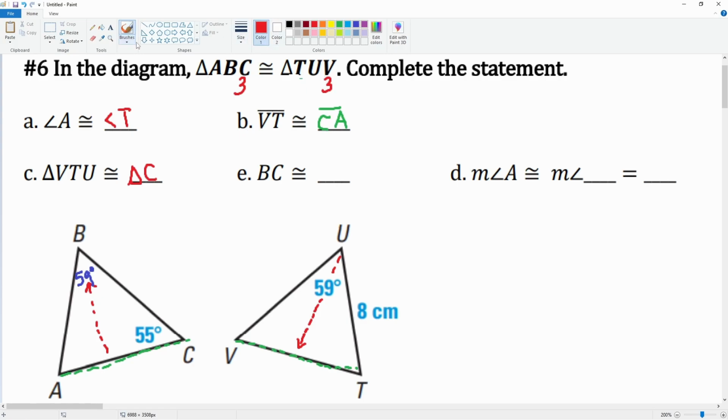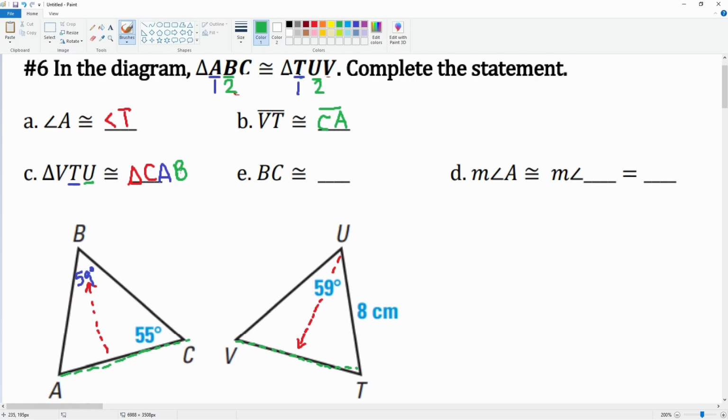Then it goes to T. I'm referring to this T here, and that is the first spot. So that's going to be A. Then here it says U. U is the second spot, so it matches up with the second spot here, which is also going to be the B. All right, good.